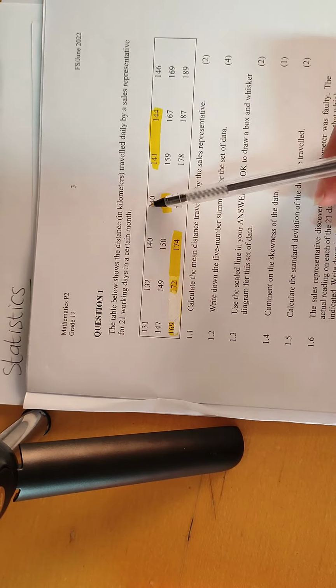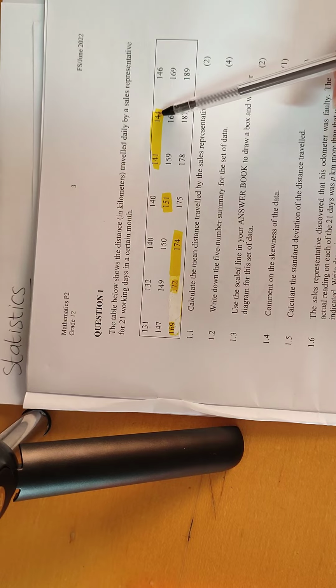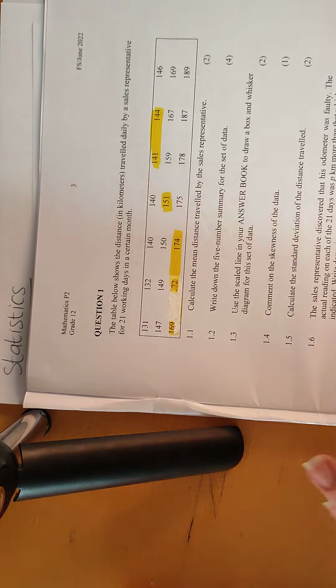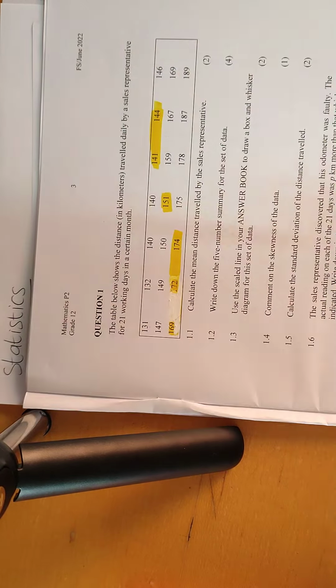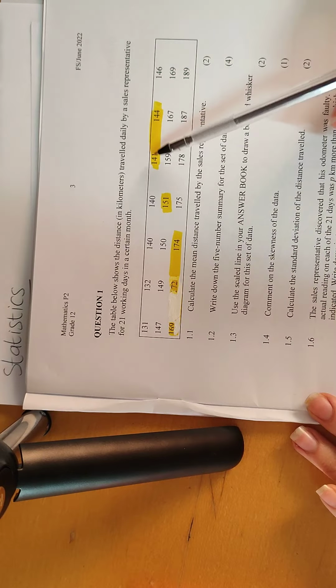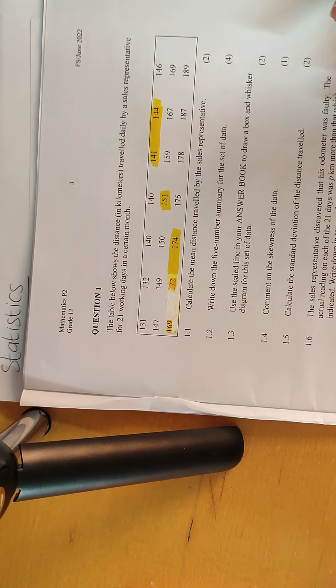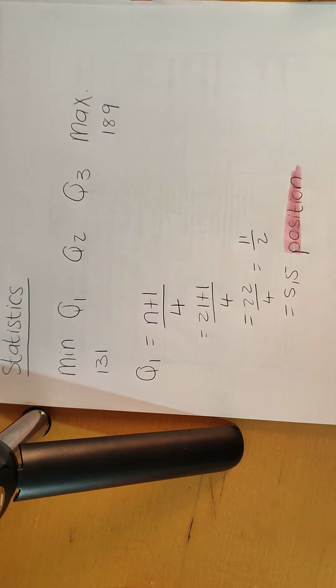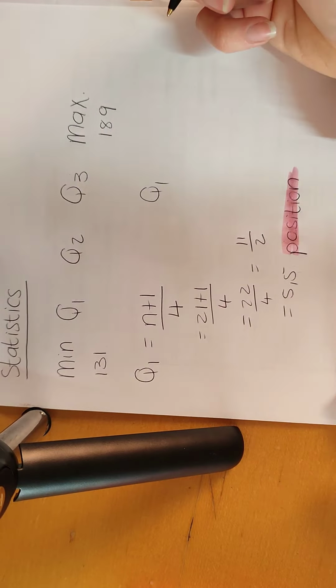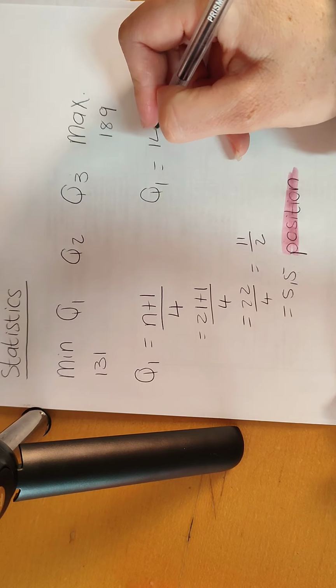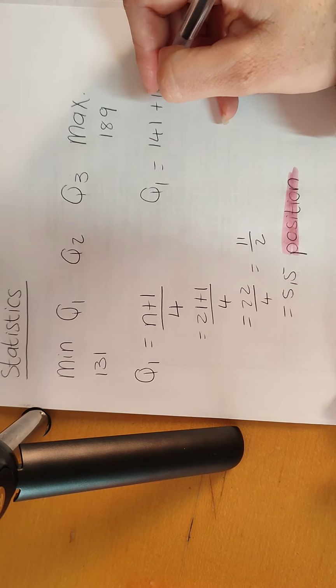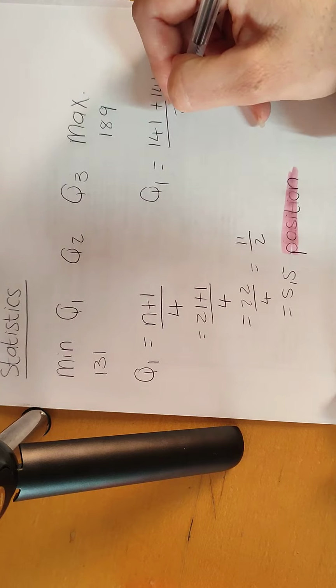1, 2, 3, 4, 5, 6. So in other words, quartile 1 lies between the 5th and the 6th value. Now, what is that value here, you would ask? Now, to get the value for quartile 1, you add them, 141 plus 144 divided by 2.